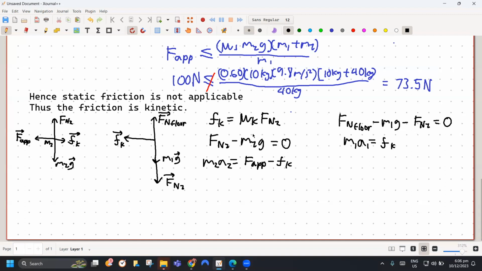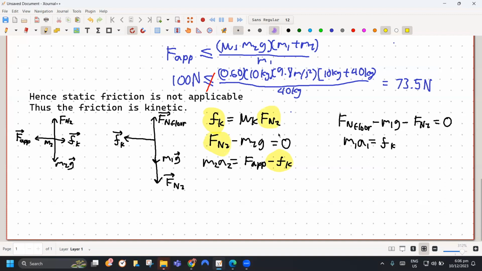Ngayon, the usual, i-highlight mo kung ano yung mga known at yung mga given at hindi. Yung mga unknown pala. So far, mga unknowns is FK.